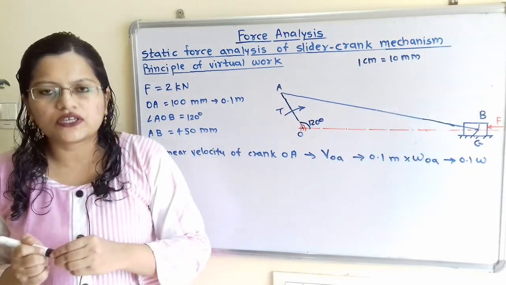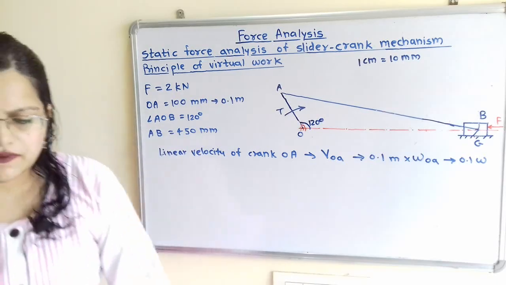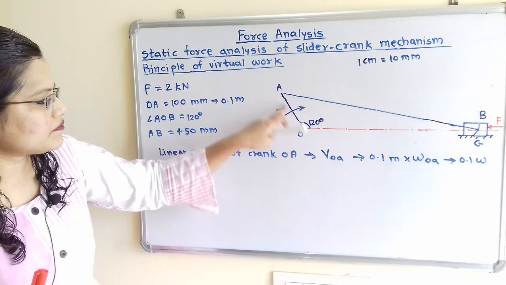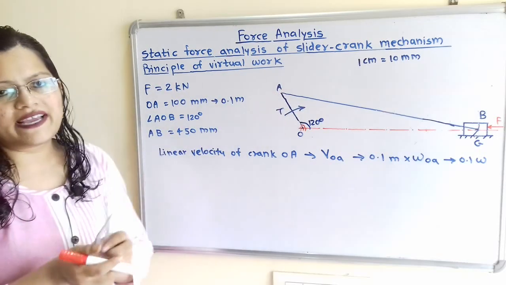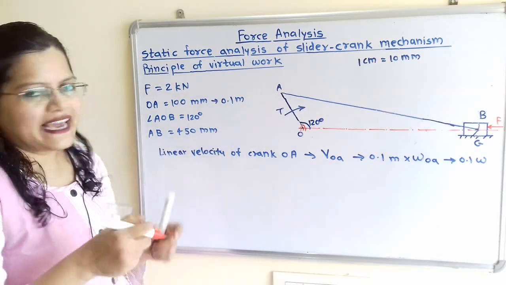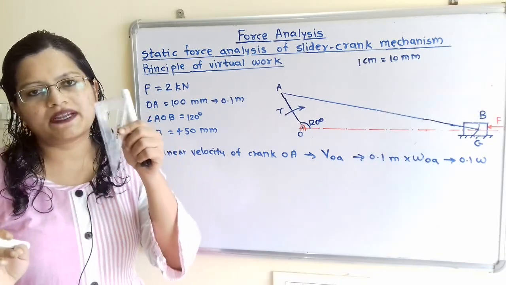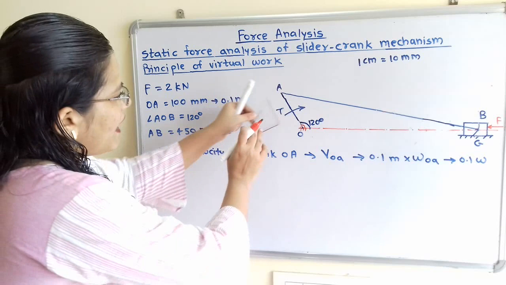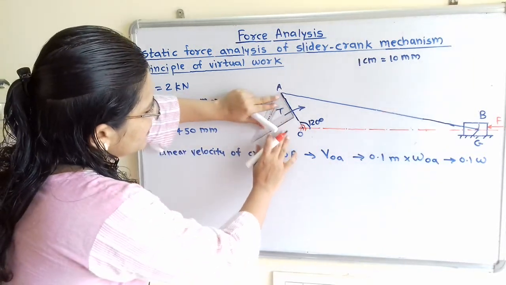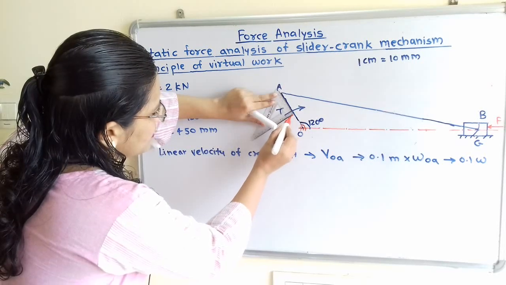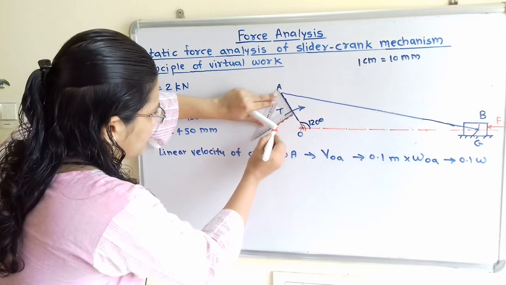Now how to draw the velocity diagram? This velocity is always perpendicular to this link. How to take this perpendicular direction? We use this protractor whose two edges are perpendicular to each other. If I align one edge with this link, then along the other edge we get the perpendicular line.